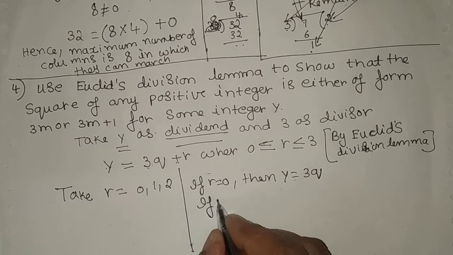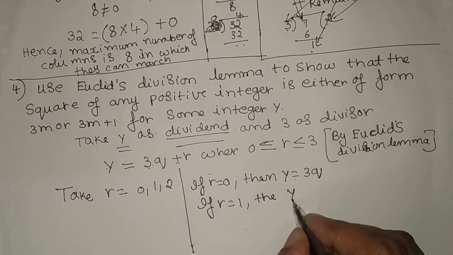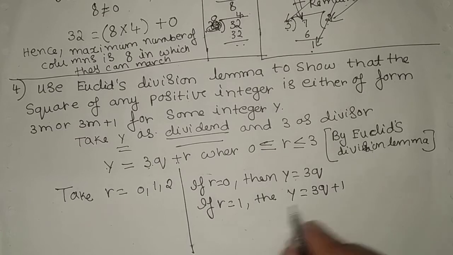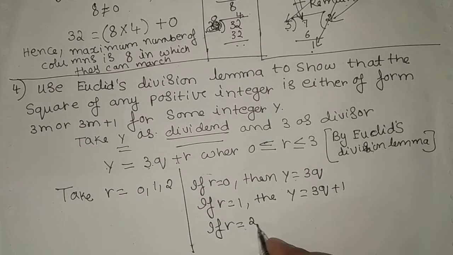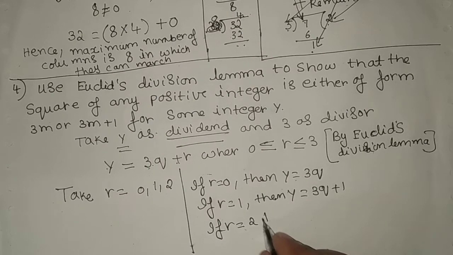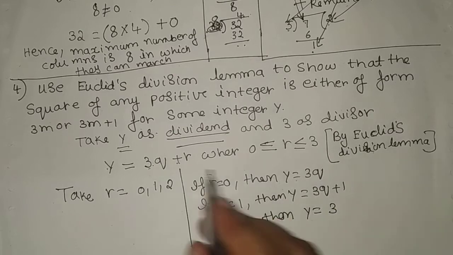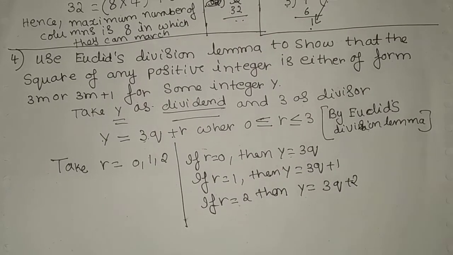Next step, if r is equal to 1, then y is equal to 3q plus 1. If r is equal to 2, then substitute here, y is equal to 3q plus 2.